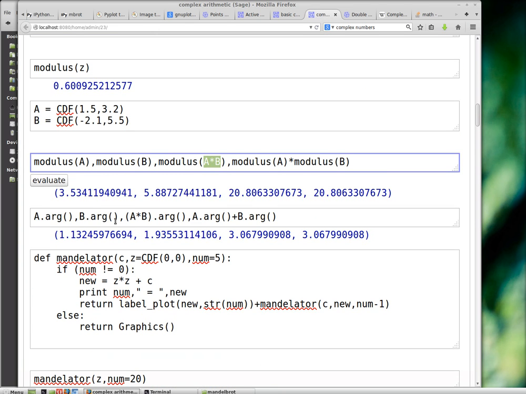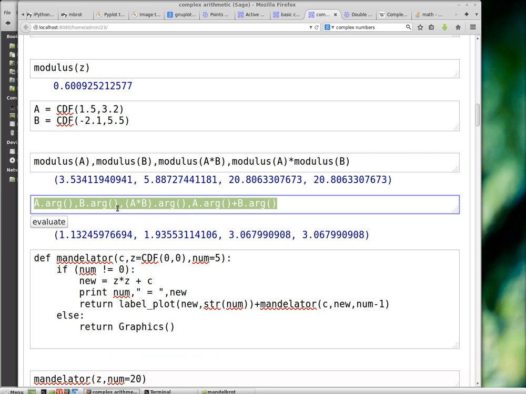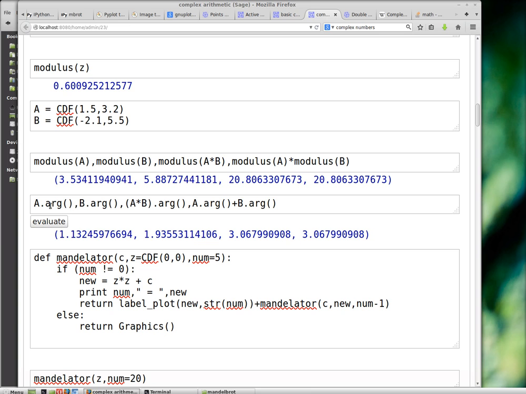So what I'm showing you now is what happens when you multiply two complex numbers. What happens to the angle? So here's a again. I guess, oh no, this is a arg, right? Here's a's argument. And this is in radians, and if you don't remember radians from high school, it's probably not worth going back and reviewing it, but you can if you want to, of course.